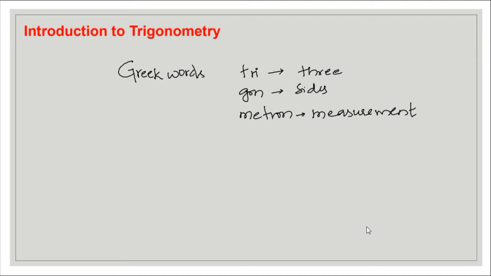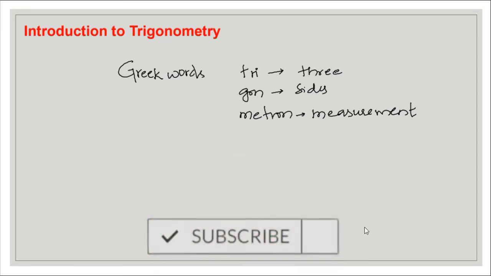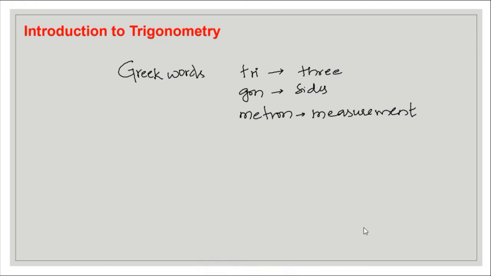In trigonometry, we will basically consider the right-angled triangle. We define the ratios of pair of sides of right-angled triangle corresponding to an acute angle of the right-angled triangle. The ratios are called trigonometric ratios.